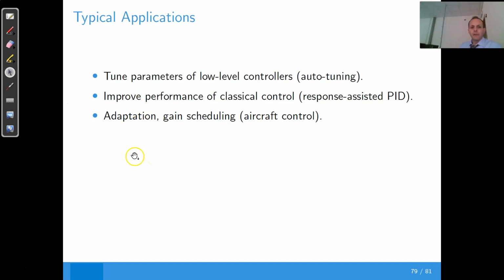Or, for example, is a common application. These represent, for example, applications that were studied in our thesis. We have, for example, gain scheduling applied to aircraft control. When you have an airplane, you can use a gain scheduling controller for controlling your system.